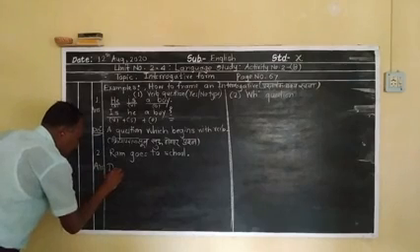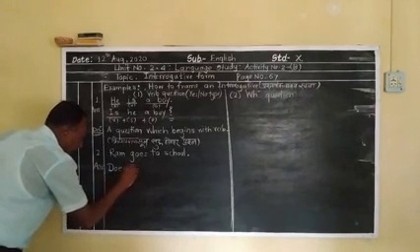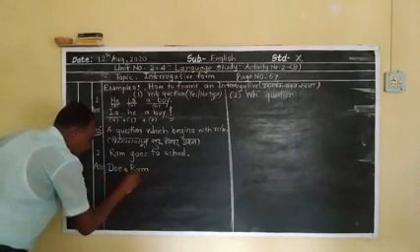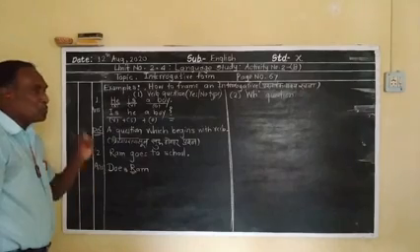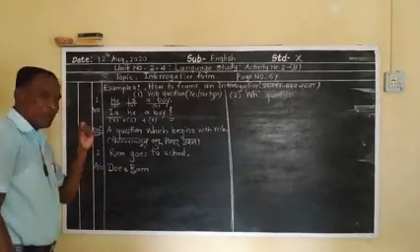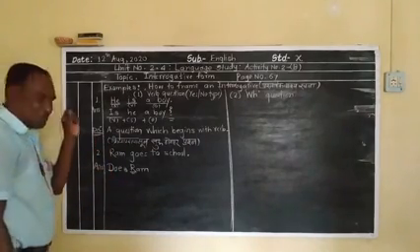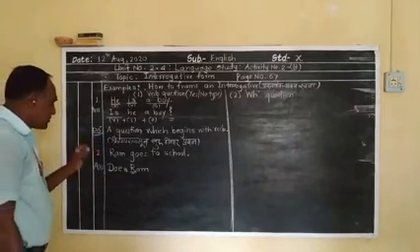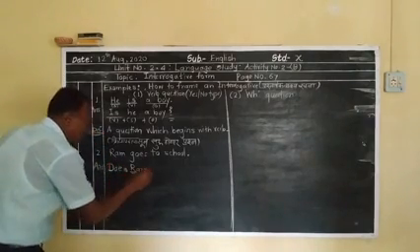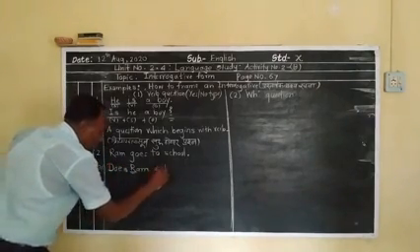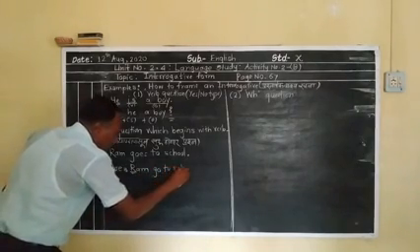Look, it's an answer. Does Ram go to school? R is capital because it's a proper noun, students, and you know the rule of proper nouns to write a capital letter at the beginning. So, does Ram go to school?